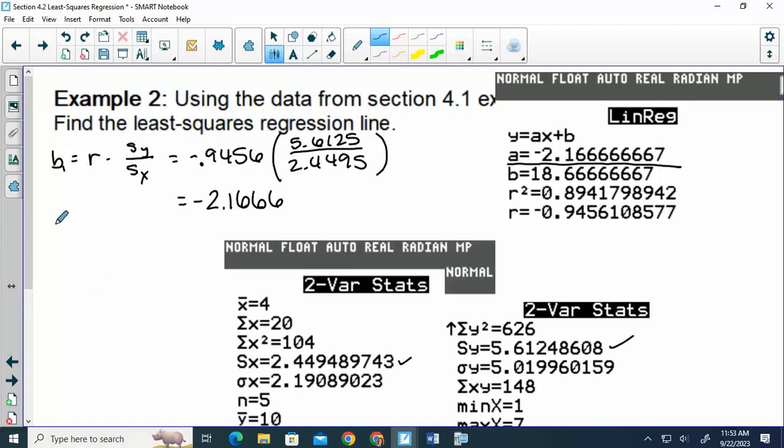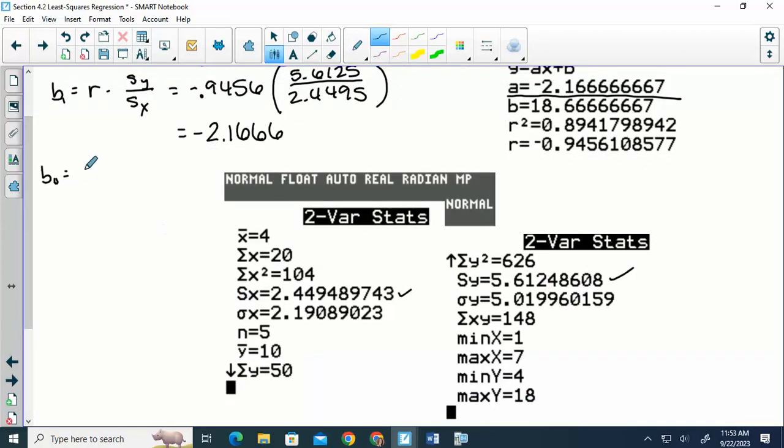The y-intercept, go back to your formula sheet. That b sub 0 is your y-intercept, and it's found by doing y bar, the mean of y, minus what we get for b sub 1 times x bar, the mean of x, which is 4. And we get 18.6664.